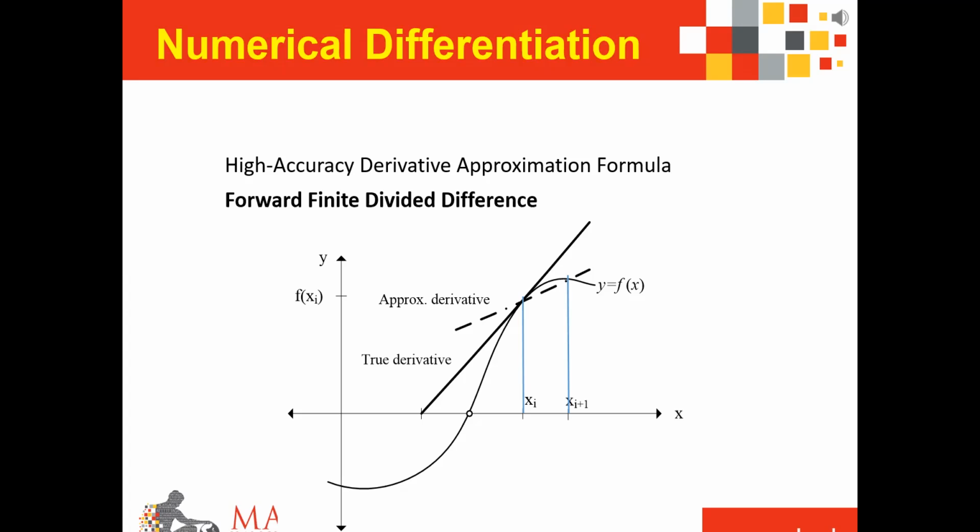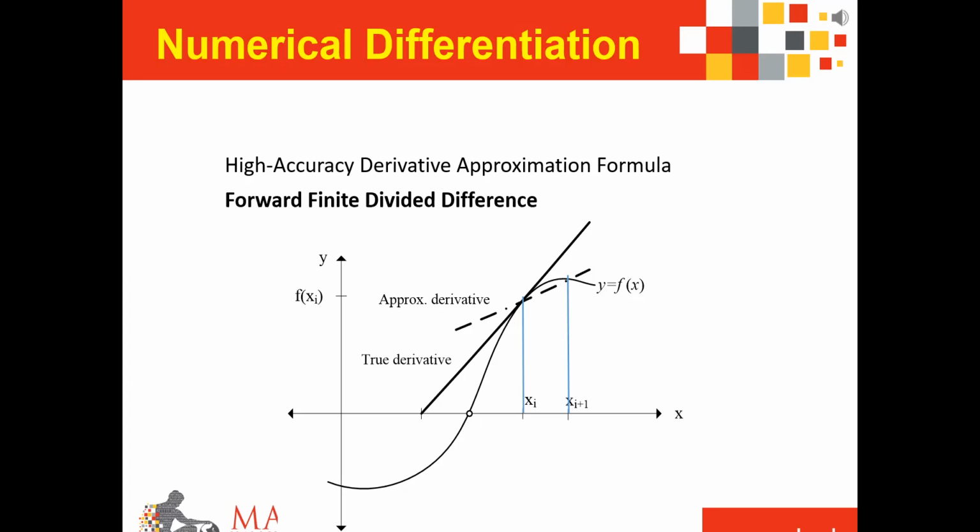Note, however, that the slope of this approximate derivative value is obviously not equivalent to your true derivative value. Therefore, we naturally expect that there would be some sort of error incorporated in the process.